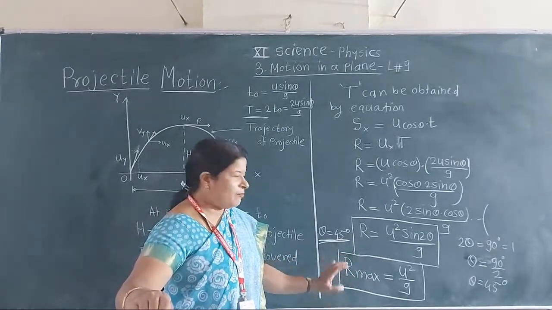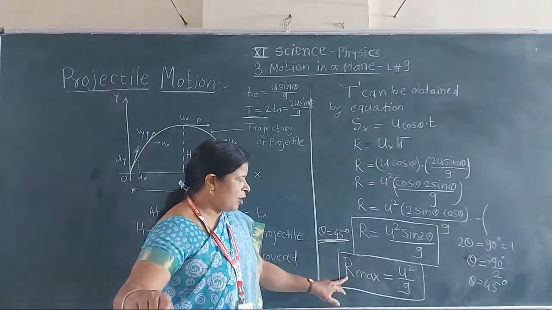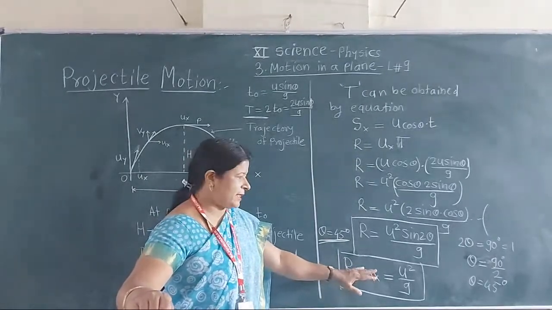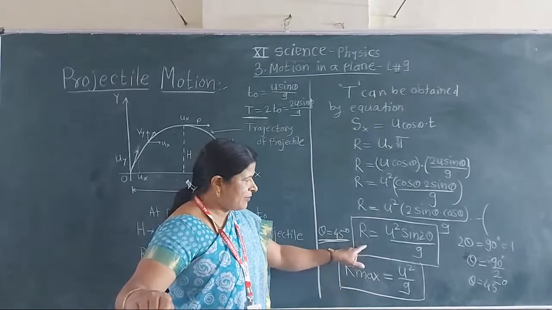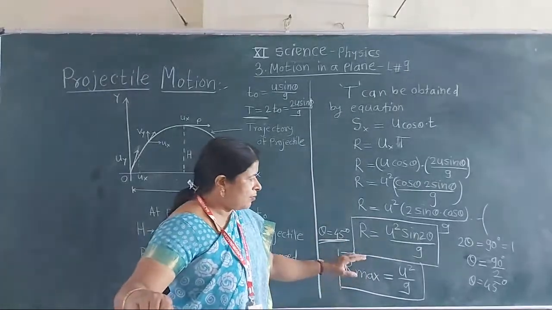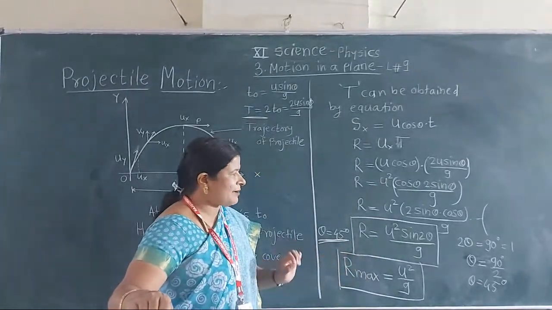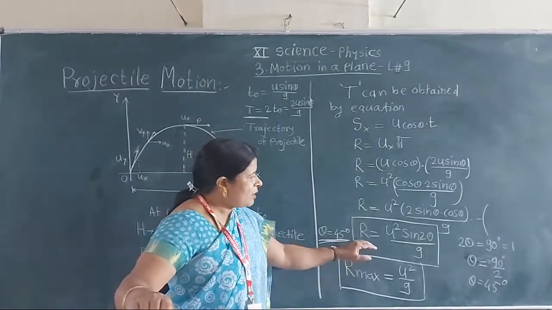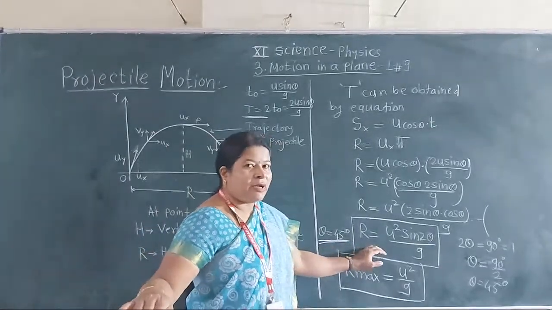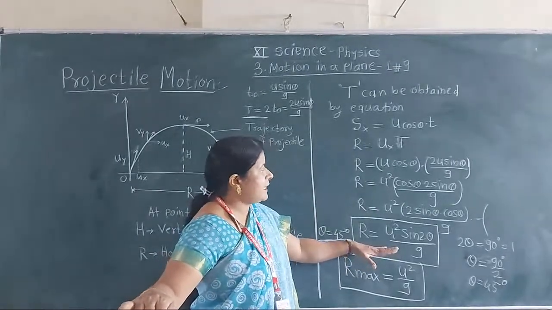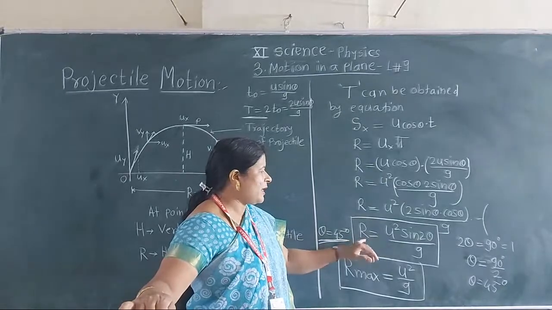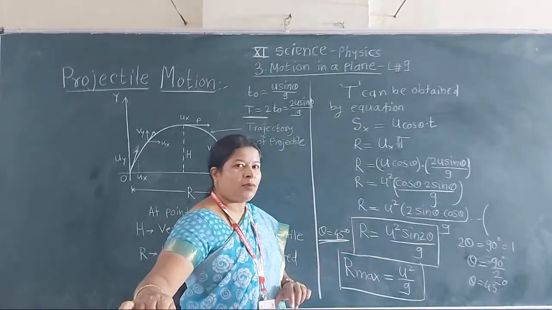A 1 mark question may be asked on this point: when do we get the maximum range of the projectile. So this equation is important for MCQ or 1 mark questions and for derivation also. In the exam, a 2 or 3 mark question may be asked on this derivation: prove or derive the equation for the range of a projectile.